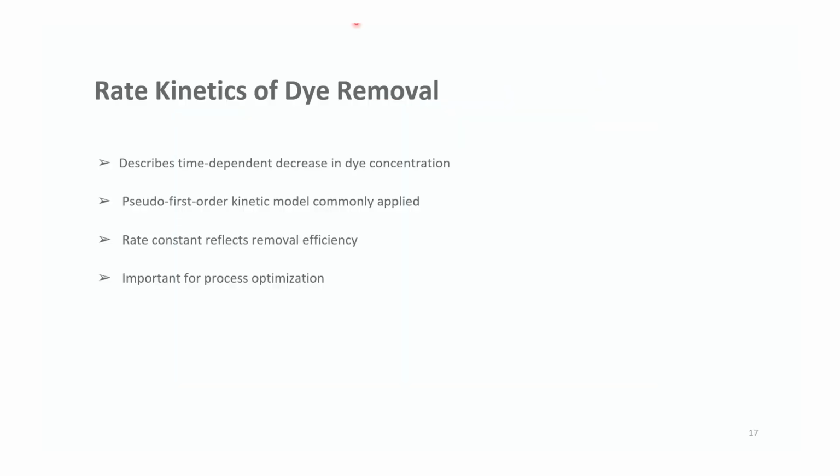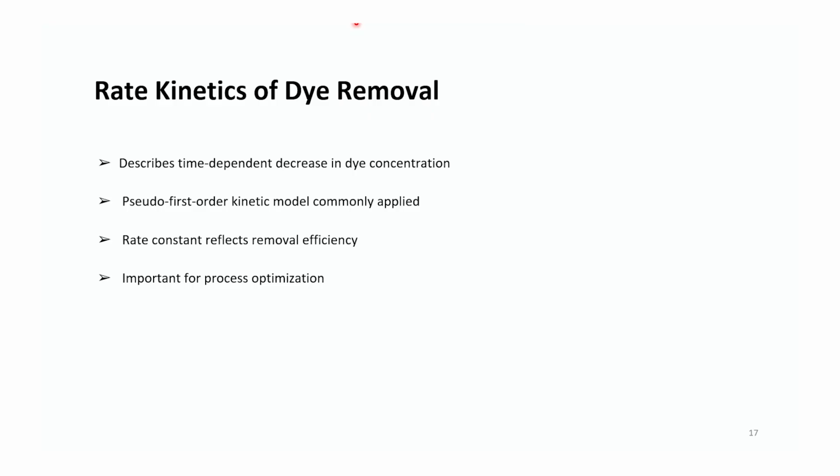Rate kinetics of dye removal. This will describe the time dependent removal in the dye concentration. Whenever using a nanomaterial for dye removal, the dye concentration is decreasing with time. Degradation is happening continuously, and with time the dye concentration decreases.